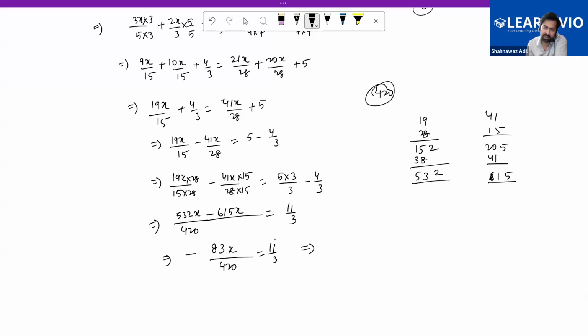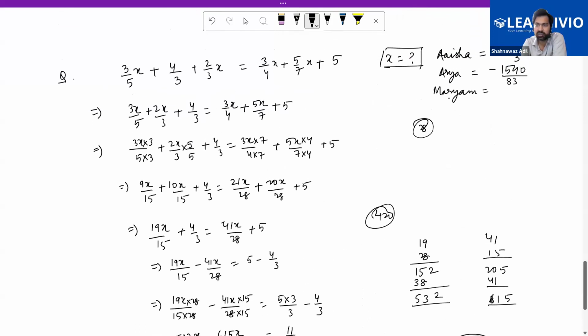So then this thing goes in here. So x is 11 into 420 divided by 3 into 83. Right, so is something cancelled? Nothing is cancelled, right? So this should be the answer, guys, right?